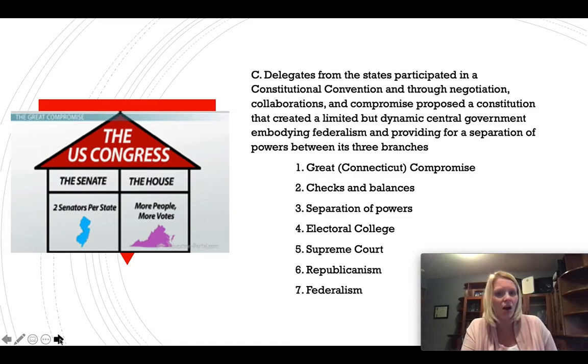So again, this is all about representation. We have an electoral college, and there's a lot of, not conspiracy, but what's the word I'm looking for? Where people don't like the electoral college. Anyway, people don't like the electoral college.